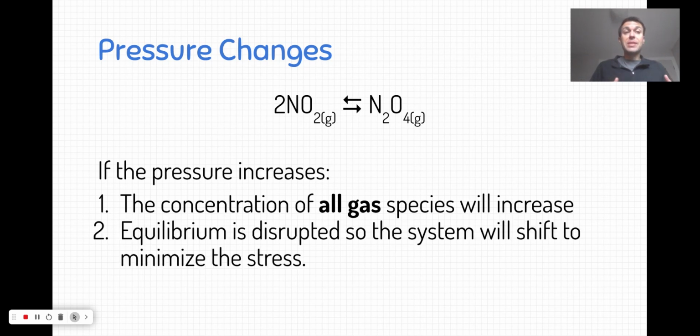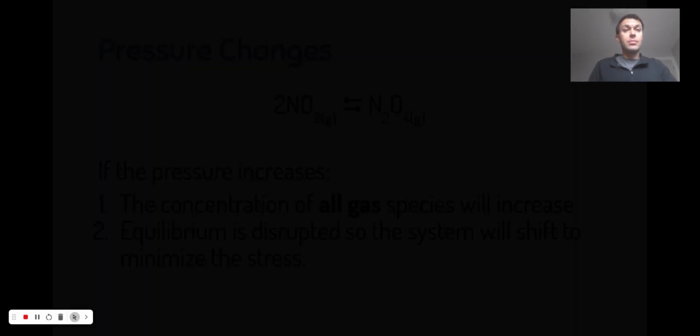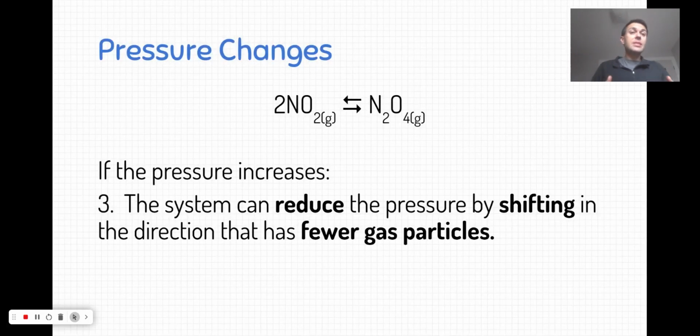Since equilibrium has been disrupted, the system is going to shift in a direction that will minimize the stress. In this case, the stress is an increase in pressure, so the system is going to shift in a direction that is going to reduce the pressure. It can do so by shifting to the side of the reaction that has fewer gas particles.